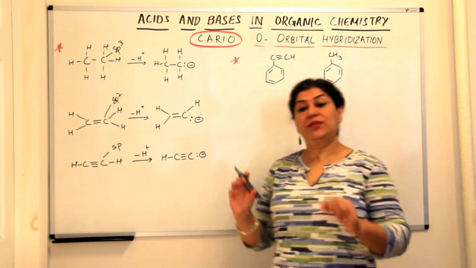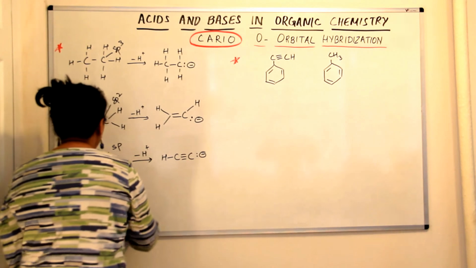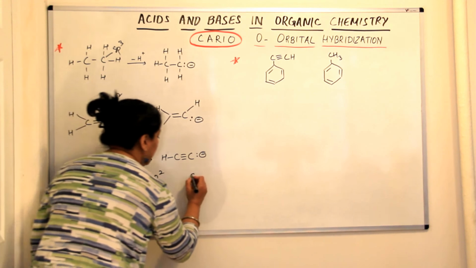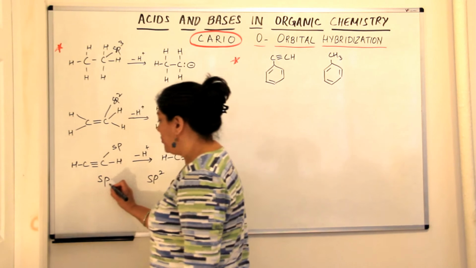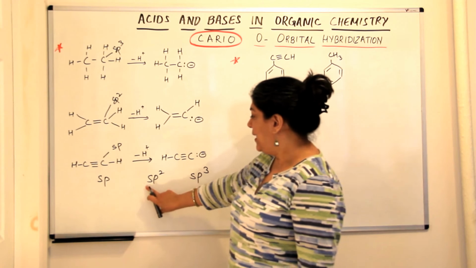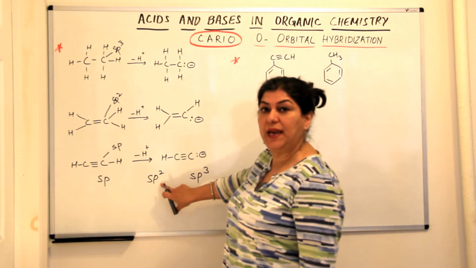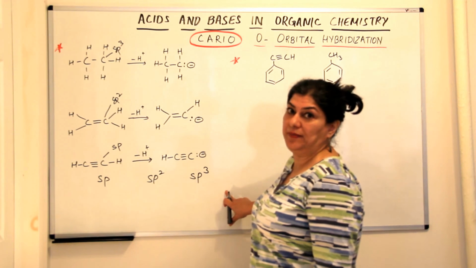When we look at the 3 hybridizations, that is sp, sp2 and sp3, what do we notice? sp is made up of 1 s orbital and 1 p orbital. sp2 is 1 s and 2 p orbitals, so it will be s, p and p. sp3 would be s, p, p and p.